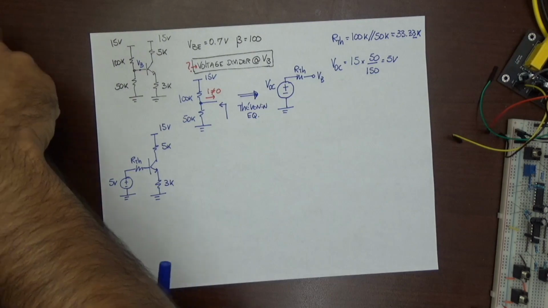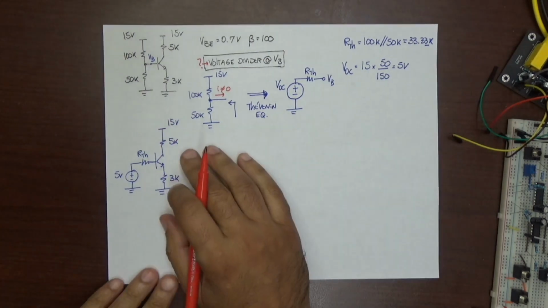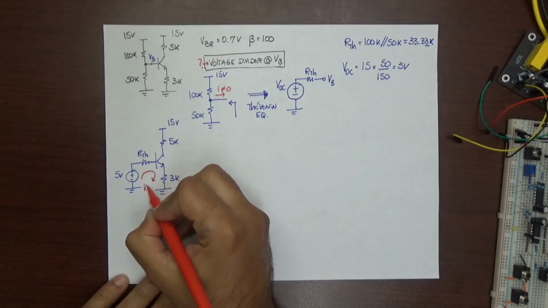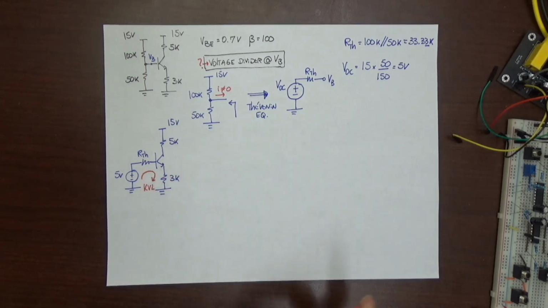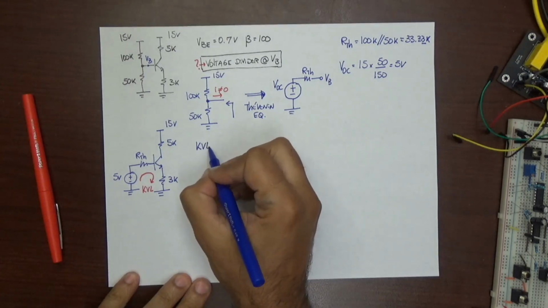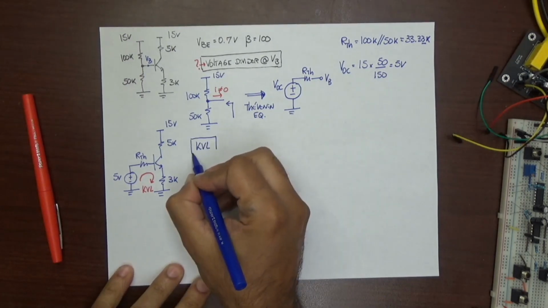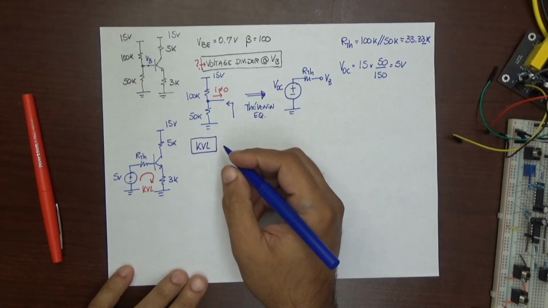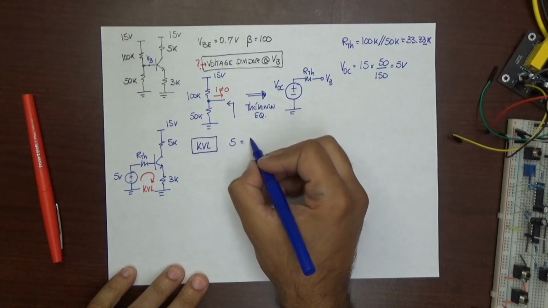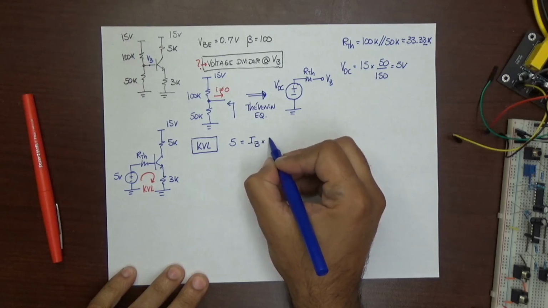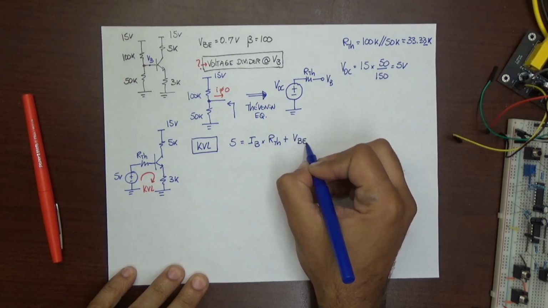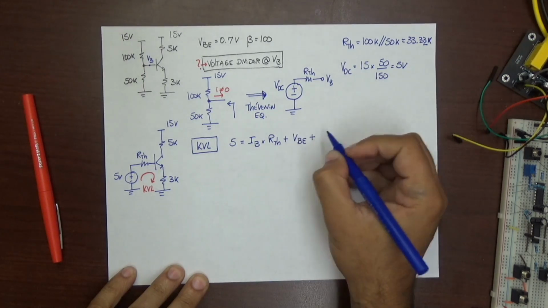We can apply KVL on our loop at this point of the circuit. If I do that KVL, I'm going to get the following expression: the voltage of the power supply, 5 volts, minus the voltage drop across the R Thevenin, minus VBE, minus VE.